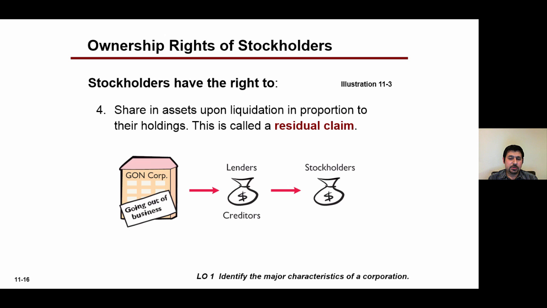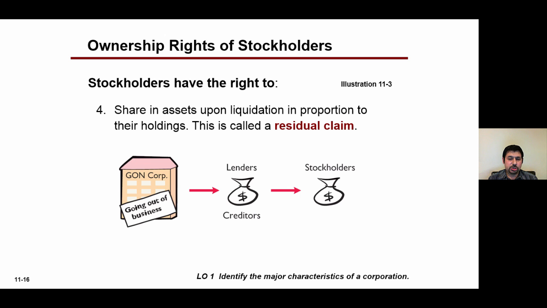Shareholders also have the right to the assets of the company if the company goes bankrupt or if it is liquidated. After the company has paid all the lenders, all the creditors, whatever remains will be distributed to shareholders depending on their share in the company.